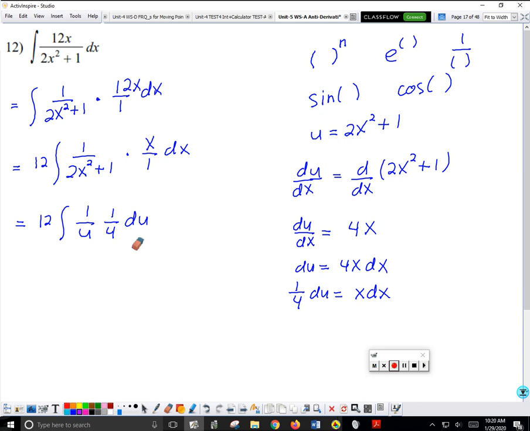Anybody else? Hey, look. Come on. I have 1, 2, 3 things being multiplied. One of them is a constant. So pull it out. Look at your pink sheet.